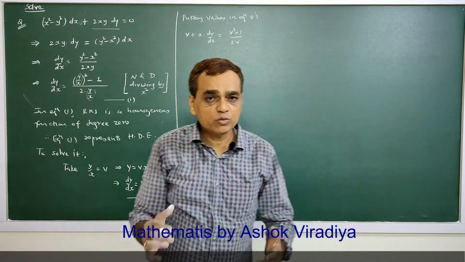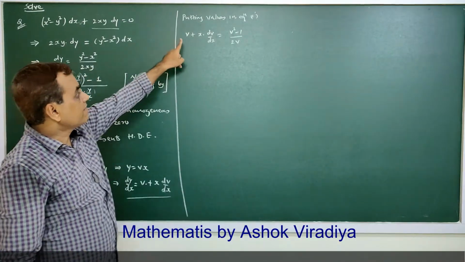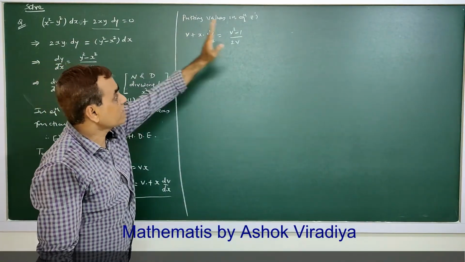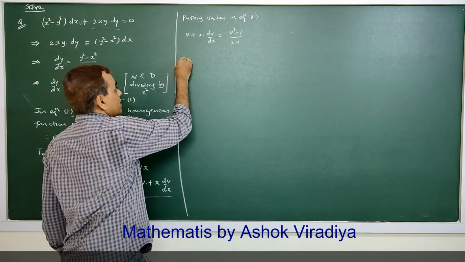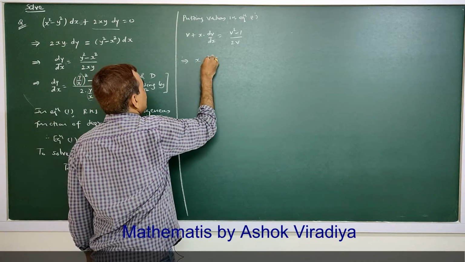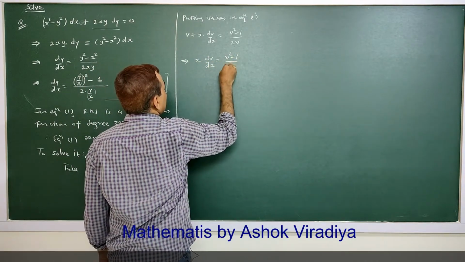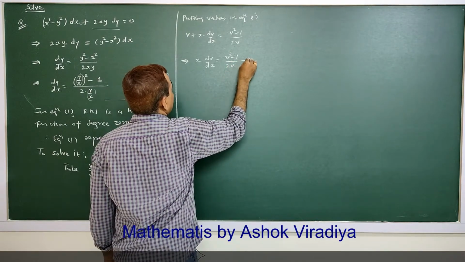After putting values in every problem, shift v alone on the other side. So therefore this implies x into dv by dx is v square minus 1 upon 2v minus v.